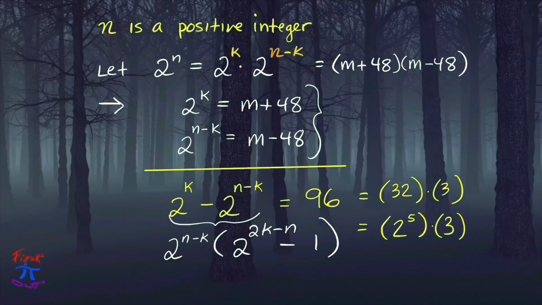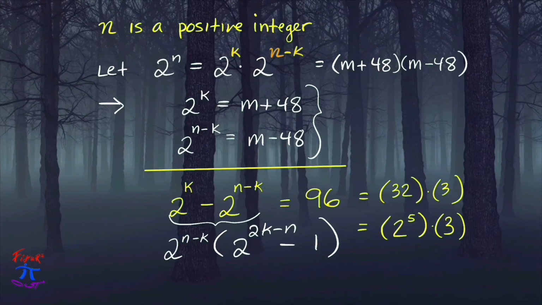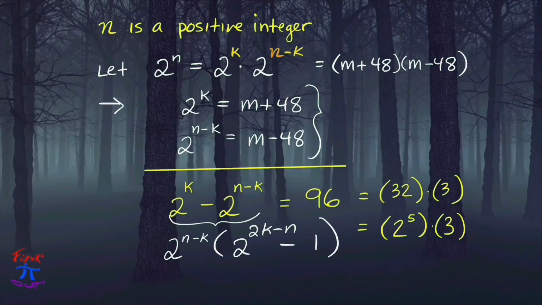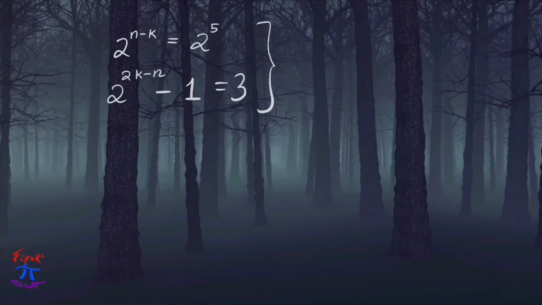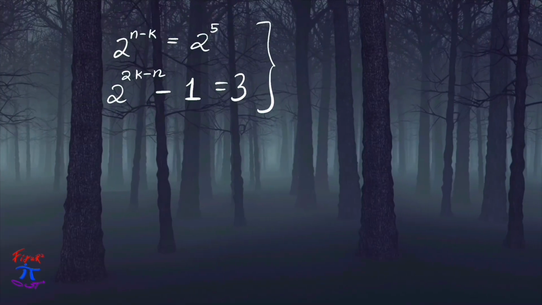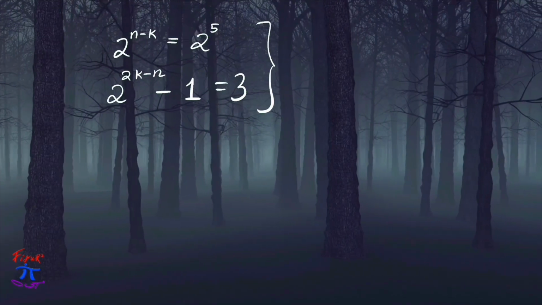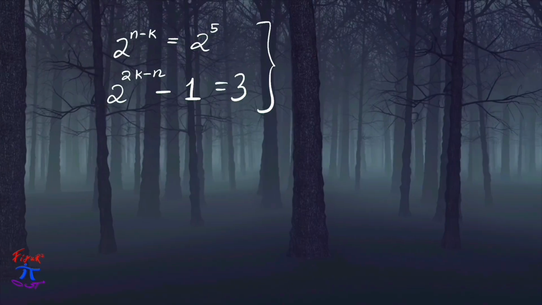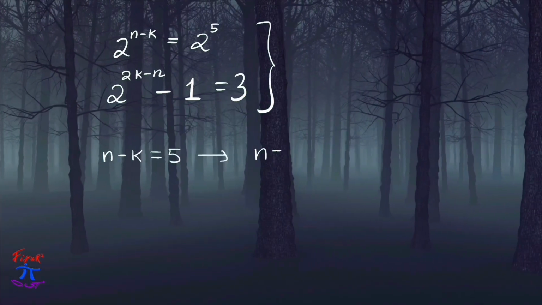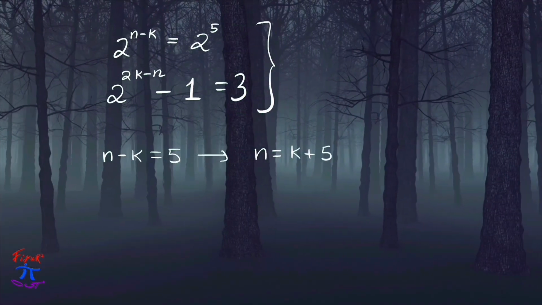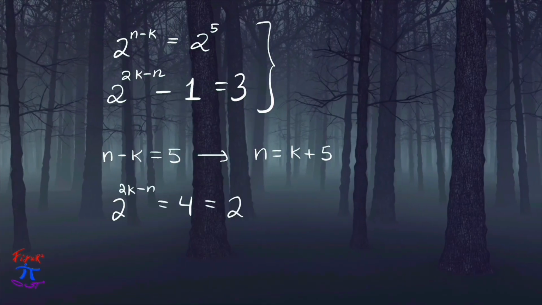Then, doing a clever factoring on the left-hand side, we get 2 to the n minus k, multiplied by 2 raised to the 2k minus n minus 1. And therefore, we can equate these two pieces together. From the first equation, we get that n minus k is equal to 5, and that makes n equal to k plus 5.